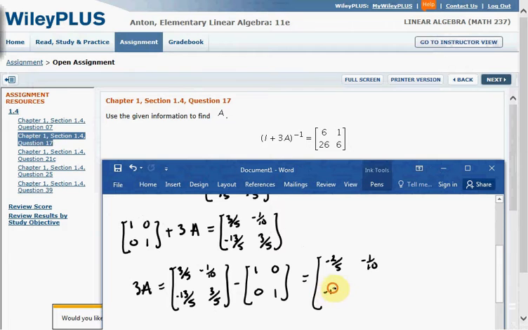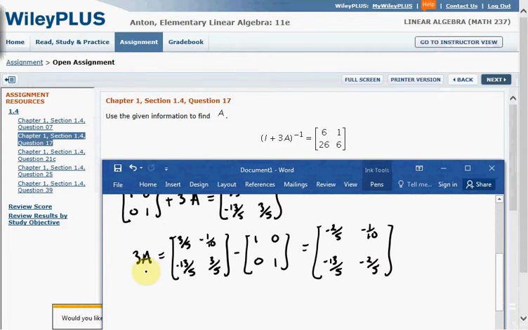This is still negative 13 over 5. And this is 3/5 minus 1. That gives us again negative 2/5. So now divide each term in this matrix by 3, and we get the matrix A. Right? So this implies that A is equal to 1/3 times that matrix: negative 2/5, negative 1/10, negative 13/5, negative 2/5.